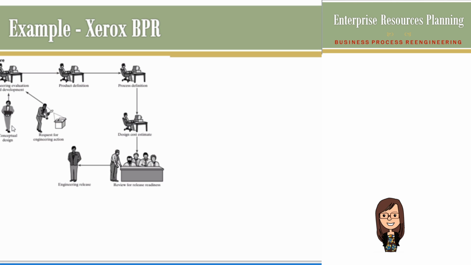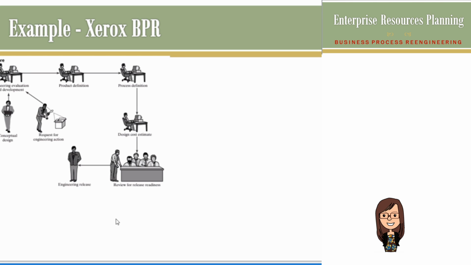After both of them finish their work, the data will be sent out to another department, and goes to another department, and another department. So the information has to be moved from one person, from one department, to another department.